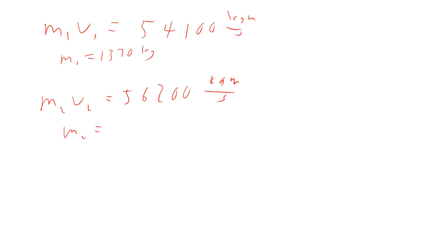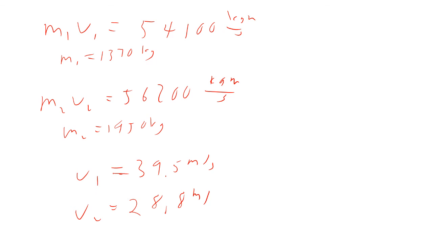We know that M2 is 1950 kilograms. So that means we can find V1 and V2. So we just divide. Okay, so V1 comes out to be 39.5 meters per second, and V2 turns out to be 28.8 meters per second.